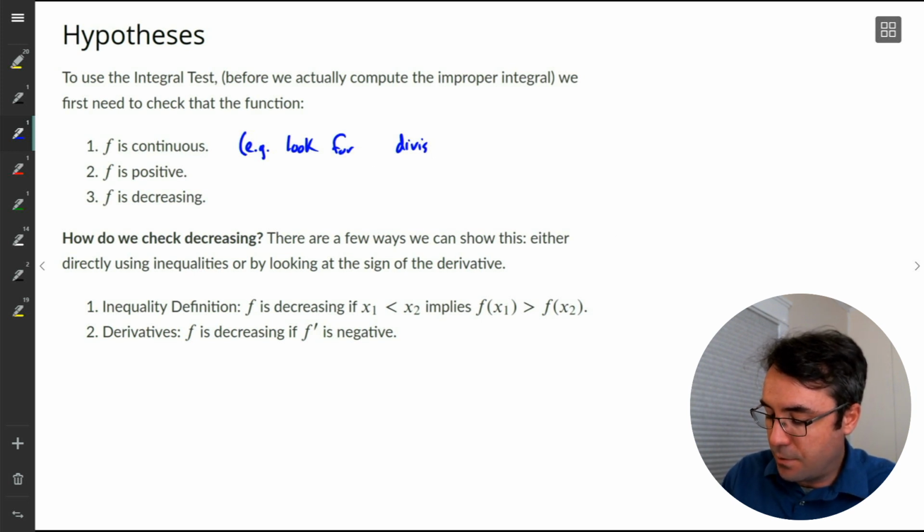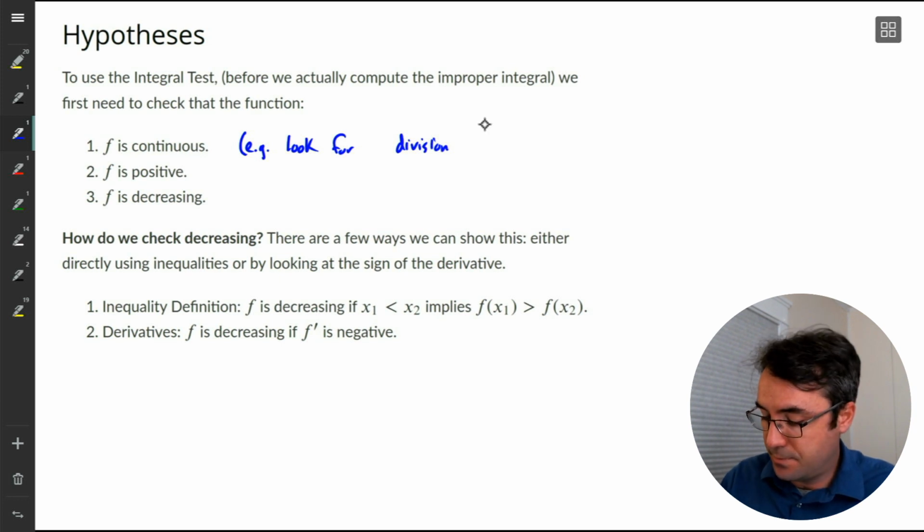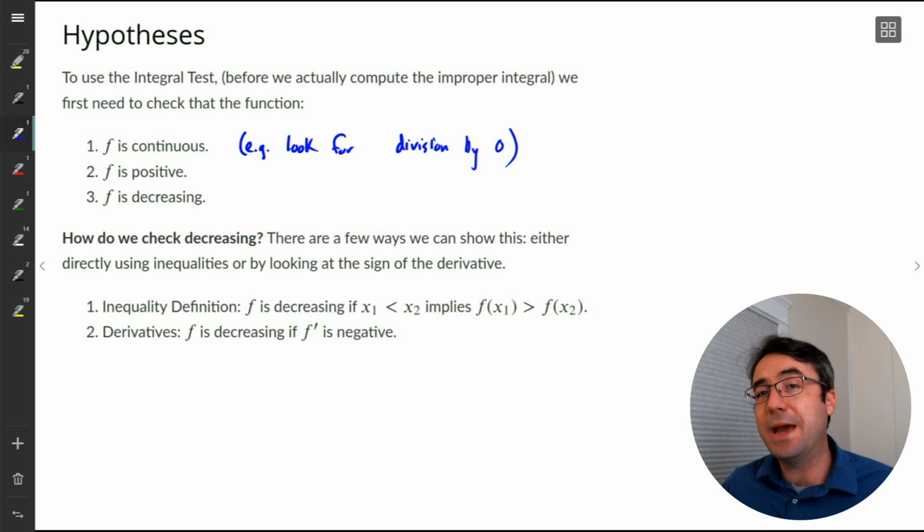There are other cases where we might have a discontinuity, but division by 0 is one of the more common ones. So if we have division by 0, then our function might be discontinuous. That's something we need to look for.